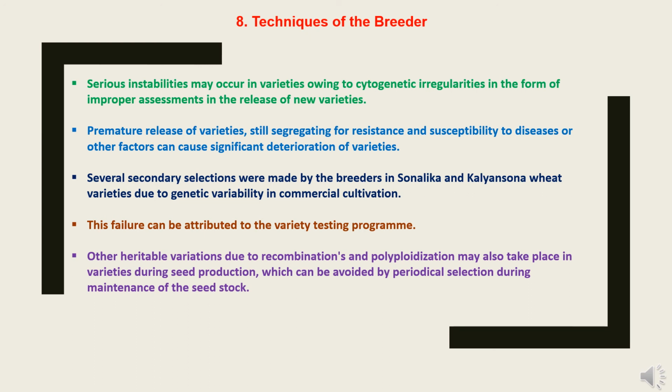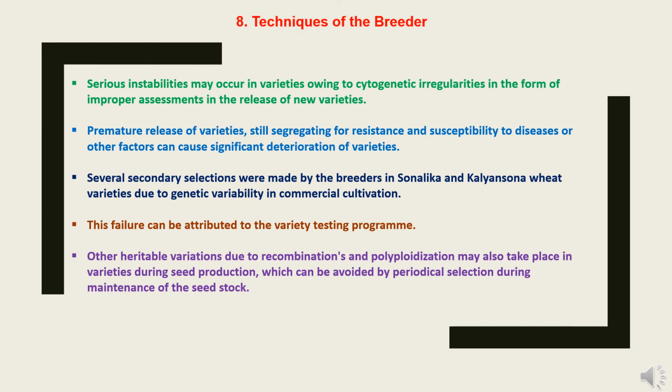When Sonalika and Kalyan Sona wheat varieties were released in India for commercial cultivation, the genetic variability in both the varieties was still in segregating stage, and several secondary selections were made by the breeders. This failure can be attributed to the variety testing program.